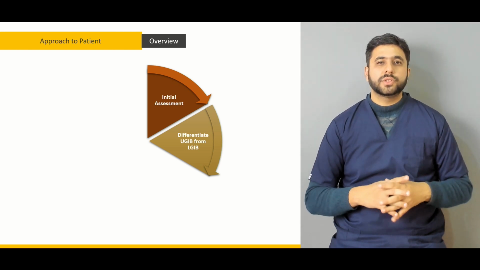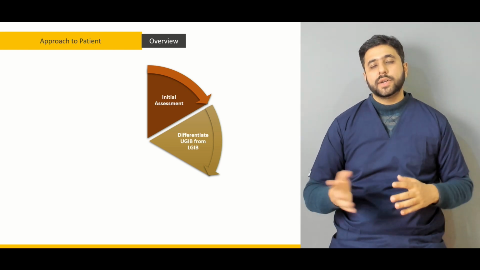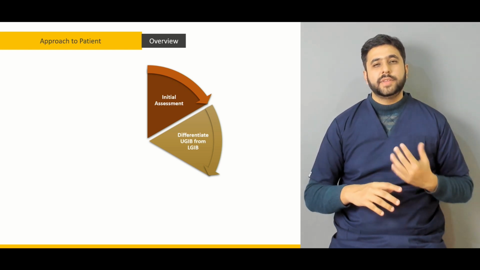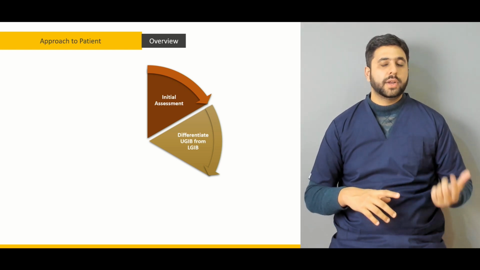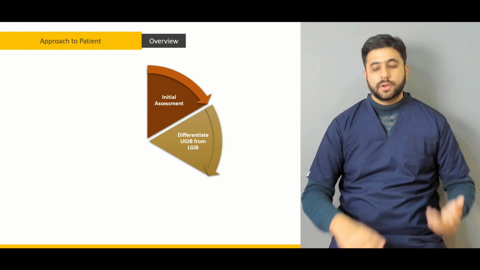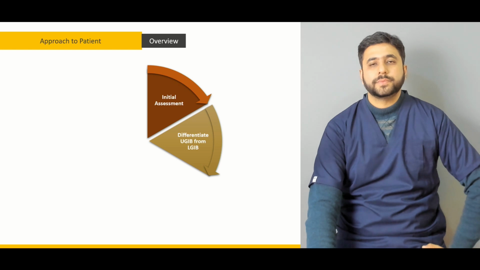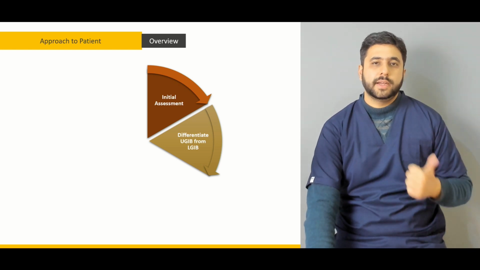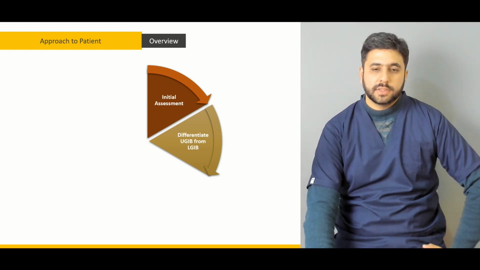There are very rare conditions causing profuse lower GI bleed or profuse hematochezia. So as we are going to see in the coming slides, if there is profuse hematochezia, then we have to do upper GI endoscopy as well to rule out any cause in the upper GI tract causing this hematochezia. But in broad terms, to differentiate the two, remember upper GI bleed as hematemesis and melena, and lower GI bleed as hematochezia.